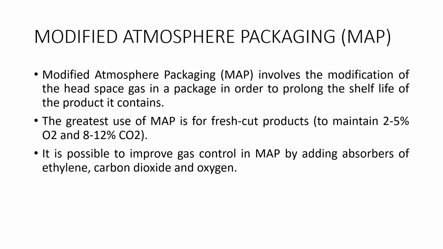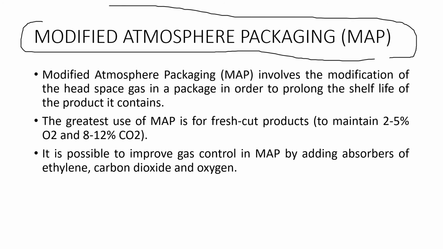Talking about MAP, which can be combined with CA to make it a better process. Modified atmosphere packaging, or MAP, involves the modification of the headspace gas in the package in order to prolong the shelf life of the product it contains. The greatest use of MAP is for fresh cut products, to maintain 2 to 5% of CO2 and 8 to 12% of O2.